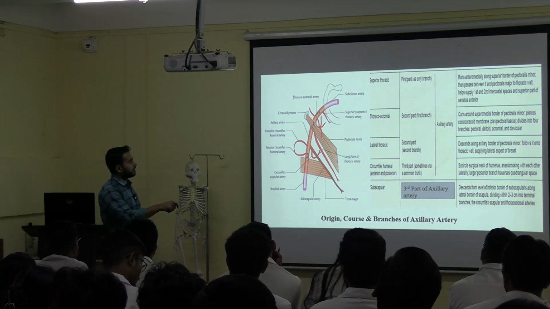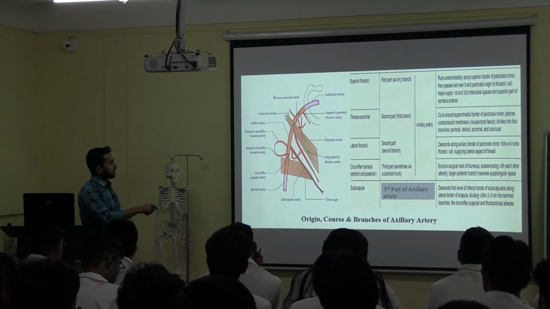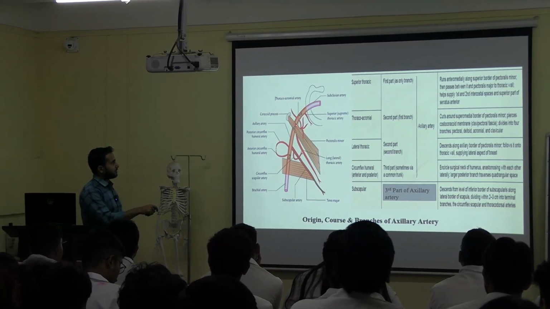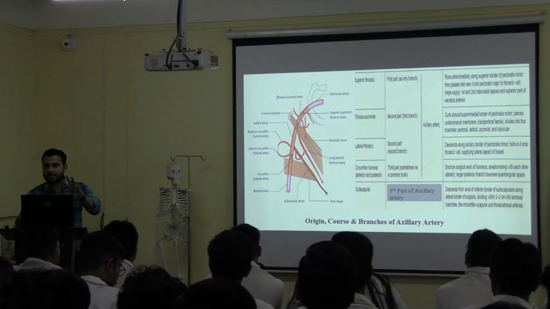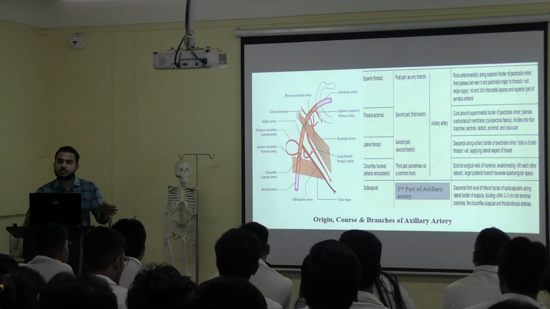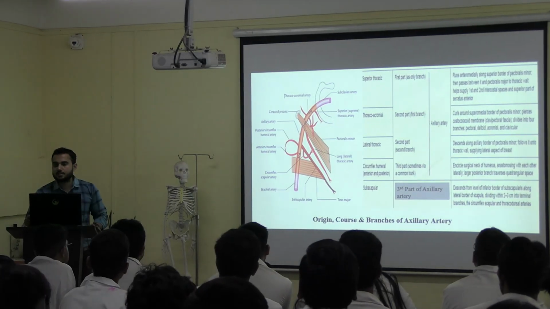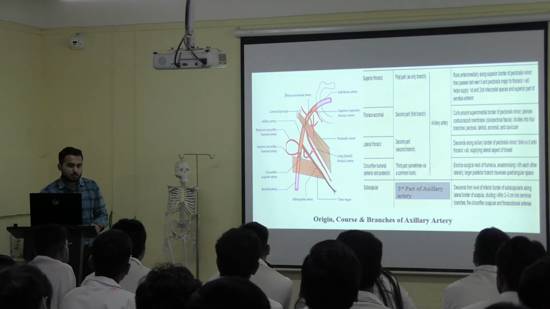The part proximal to the muscle is the first part, the part which is behind the muscle is the second part, and distal to the muscle is the third part. Which muscle is dividing the axillary artery into three parts? Pectoralis minor muscle.